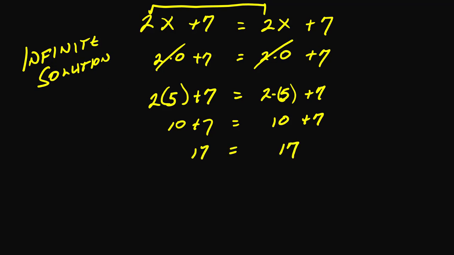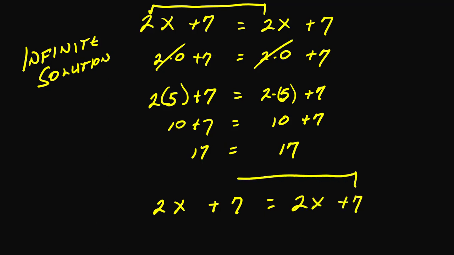Now we could spend the next 5 hours putting numbers in for x to try to convince ourselves that that's true, that any number works, but it does. Just accept that. We know 2x add 7 equals 2x add 7. This number equals this number. This number always equals this number.